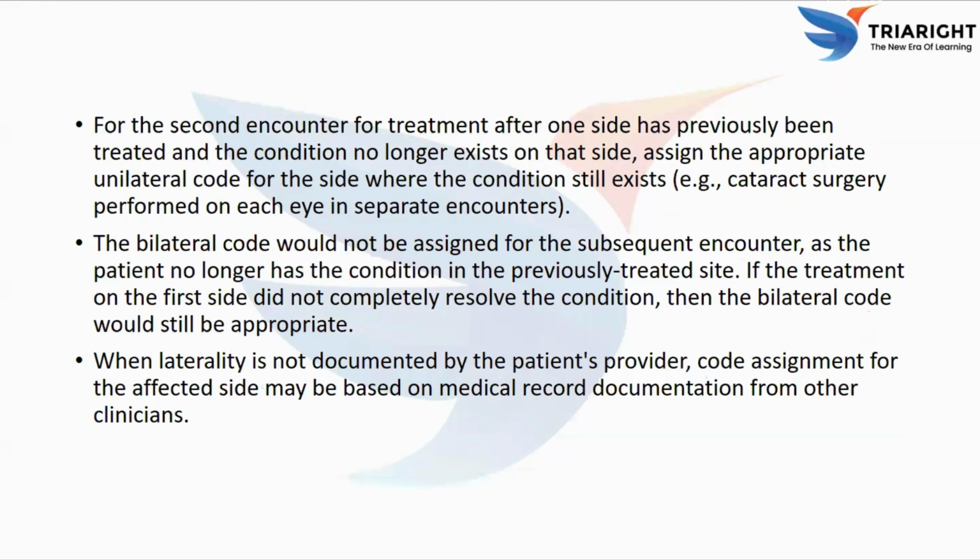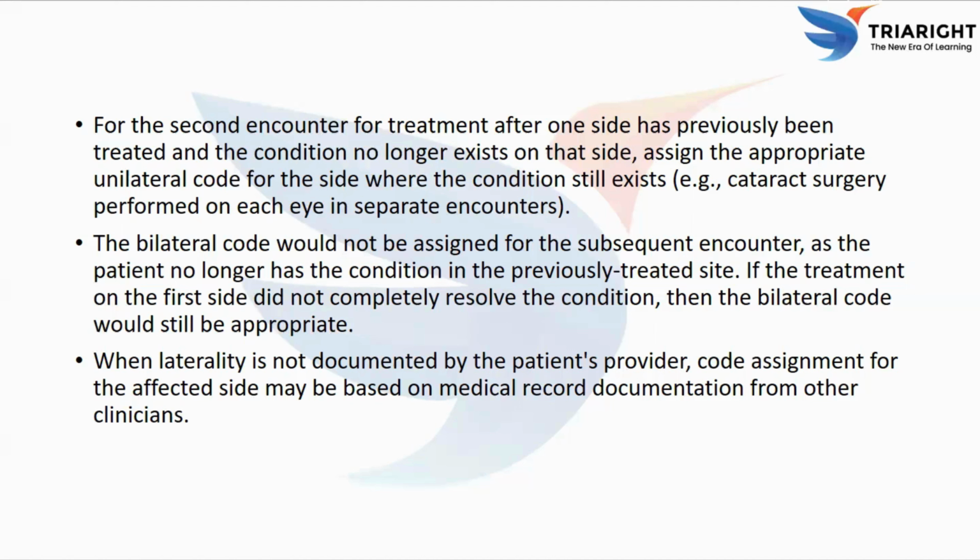You have to use the unilateral code for the side that still has the condition. For example, when cataract surgery is done on the right eye, and now the left eye still needs surgery, you code only for the left eye. There is no need to code the right eye, right? Because it has already been done. Now the left eye needs the surgery, but not the right eye.